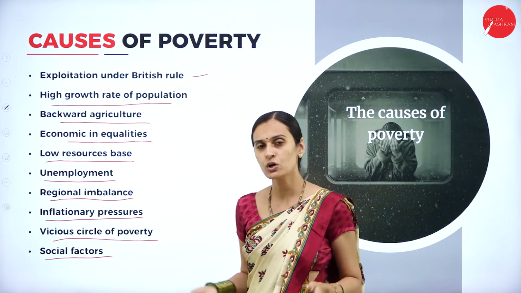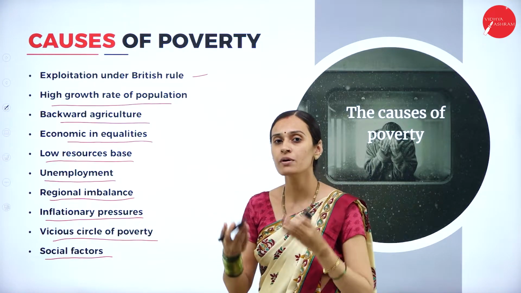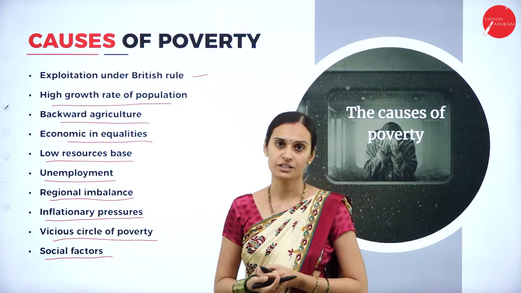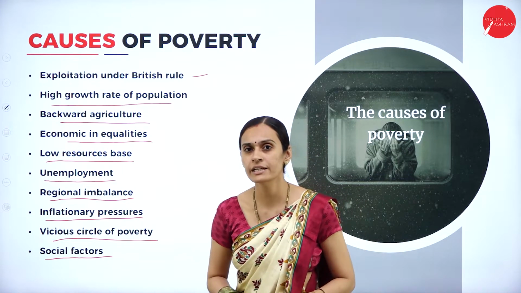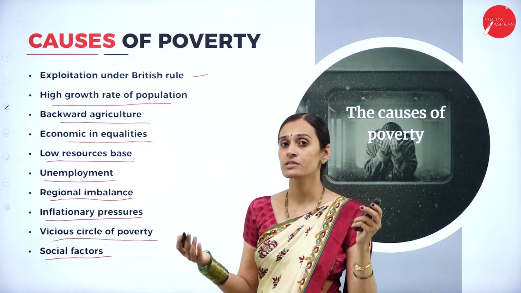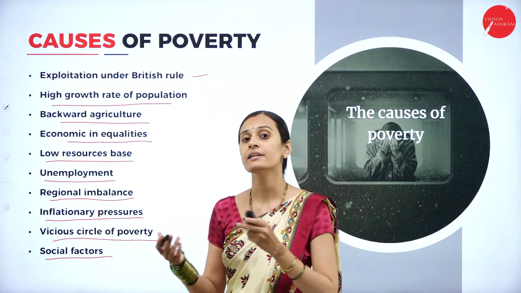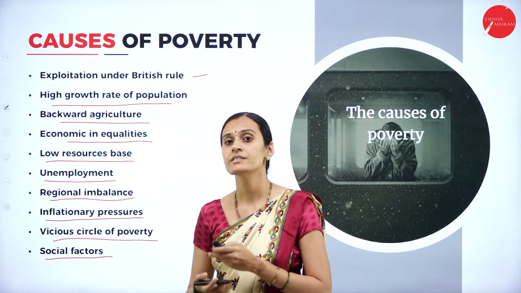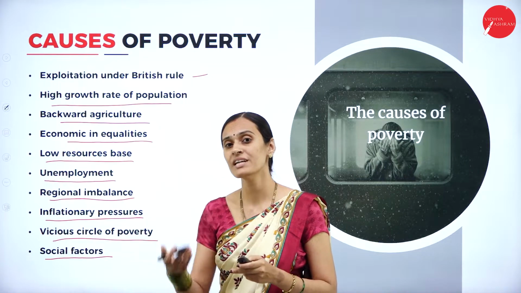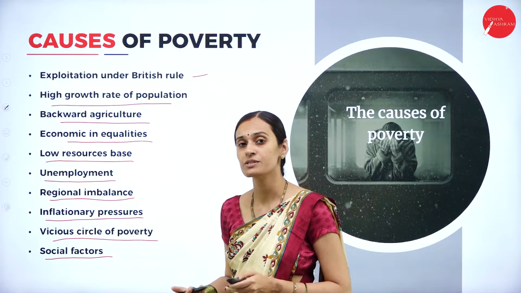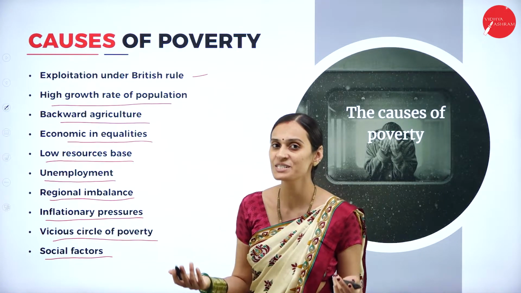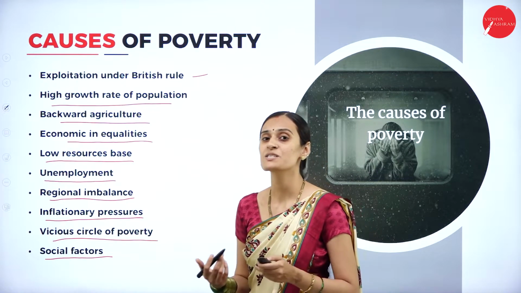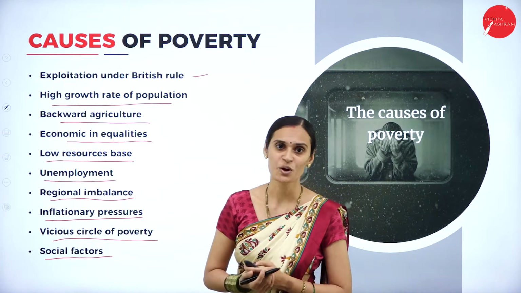There are so many causes which increase the number of poor in our country. Till here we have discussed the meaning of poverty and measurement of poverty, how to estimate poverty and the different estimations, and we have also discussed trends of poverty and causes of poverty.